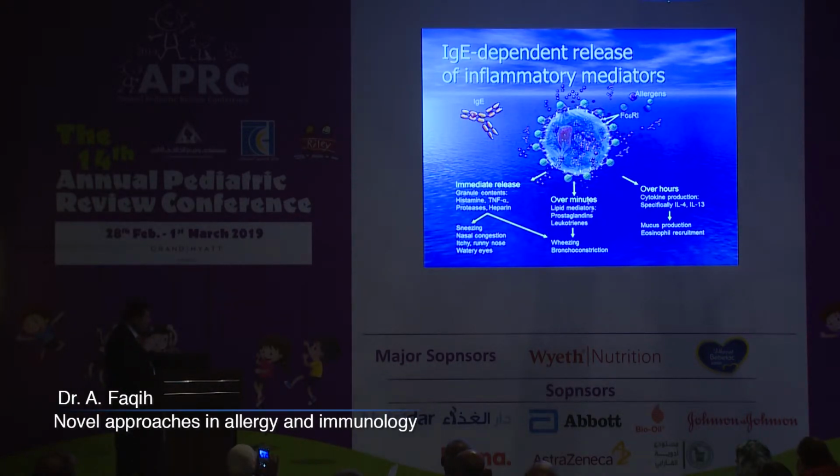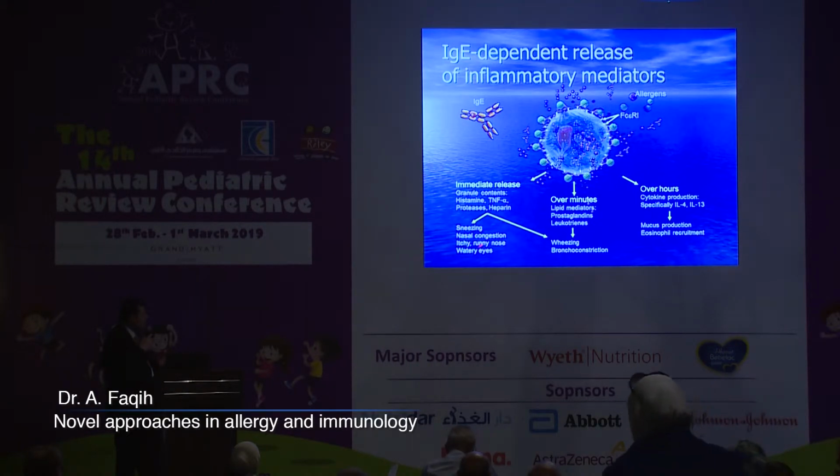And this VCAM-1 binds to VLA-4 on eosinophils. So we have immediate release of histamine, tumor necrosis factor alpha, which is already present and just gets released, proteases, and heparin. Within minutes, we have lipid mediators, prostaglandins, leukotrienes, and as a late reaction, we have other cytokines produced, like more interleukin-4 and interleukin-13.